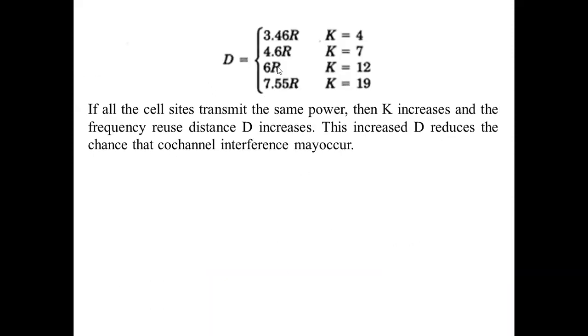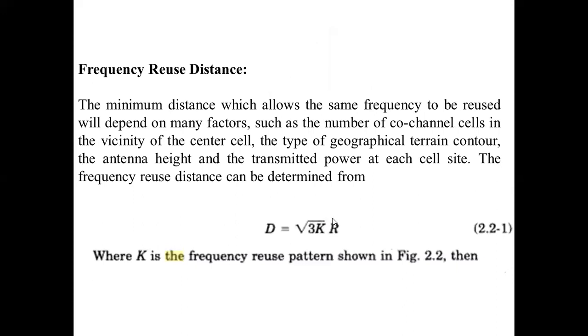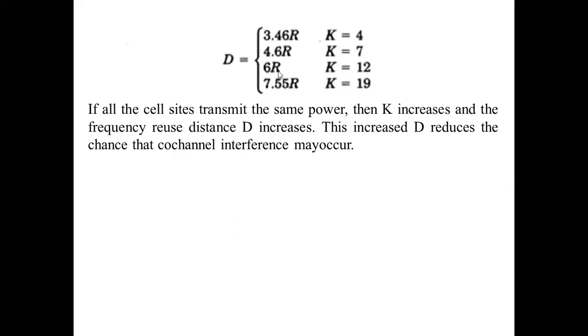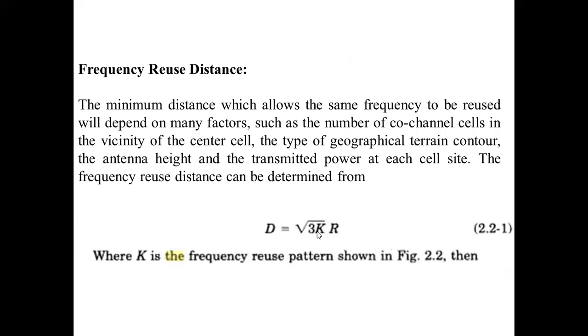So this is 6r. We can get this value by using this formula, D equals the square root of 3k times r.